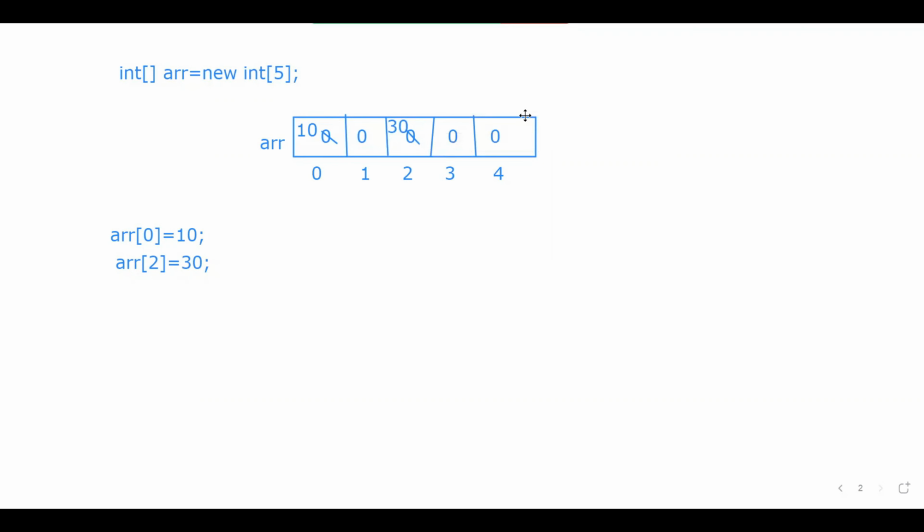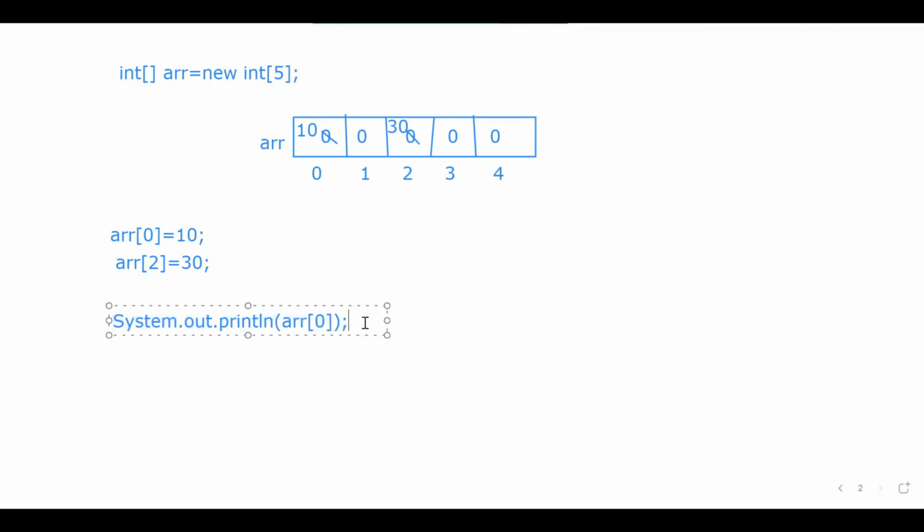Okay, now to retrieve the values, to print the array values, we use the same format. To print anything in Java, we have to make use of system.out.println, and inside it ARR of 0. Okay, semicolon.